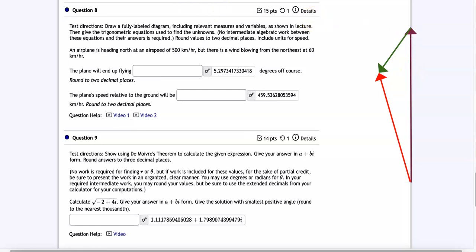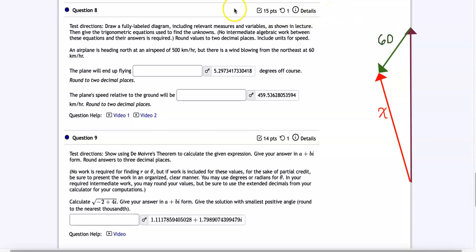So now we want to represent all of these things with numbers and variables. So x is going to be the speed of this vector right here. And then the green vector is going to be 60. This is the wind.